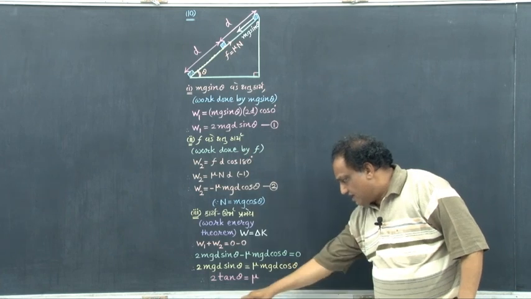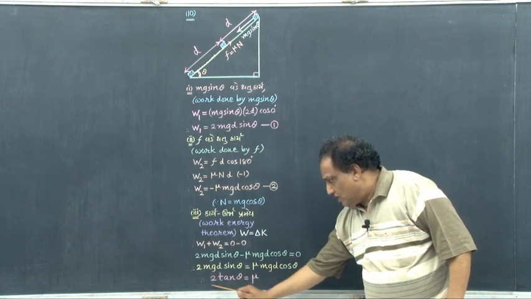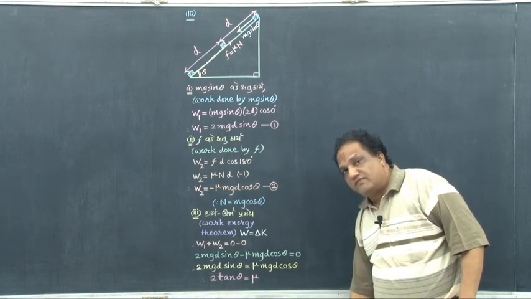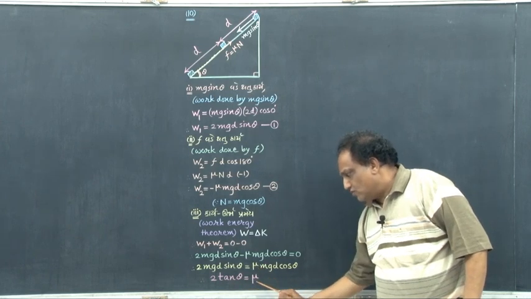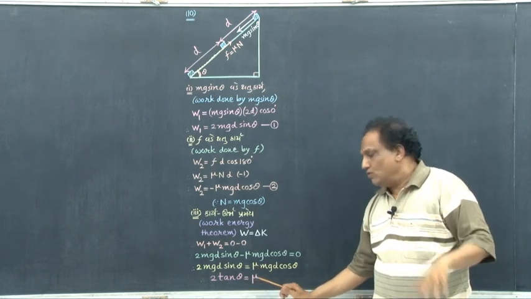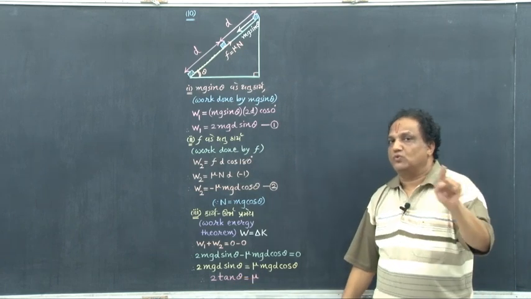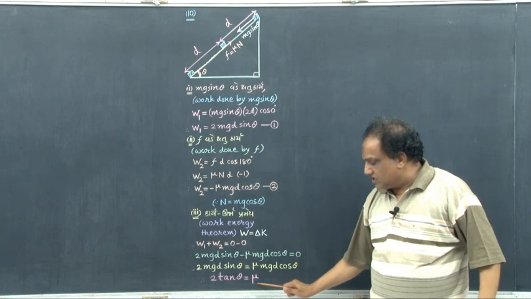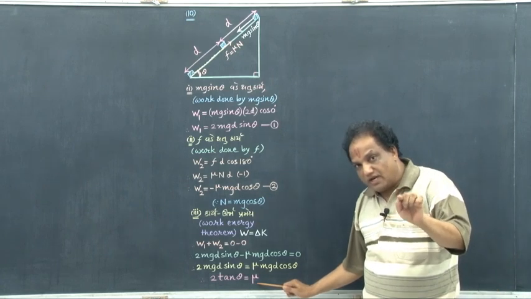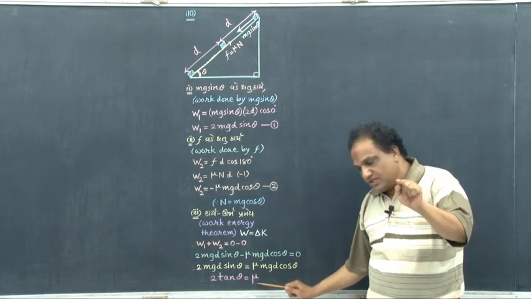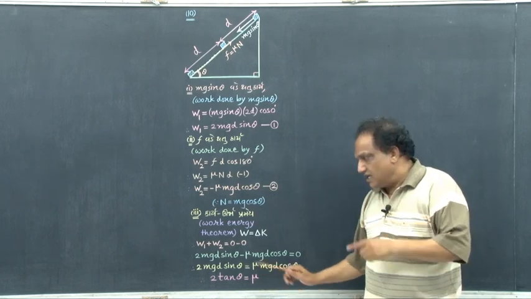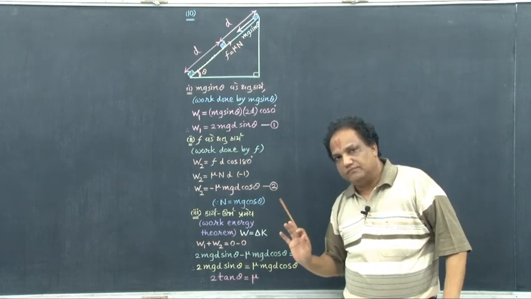Transfer this cos theta here in the denominator. So, it is 2 into sin theta upon cos theta, it will be tan theta, and that equals mu. So, what have you proved? Mu equals 2 tan theta, correct. The same result we had derived in the last numerical of chapter number 5. The same result we have derived here also using the work energy theorem. Got it?